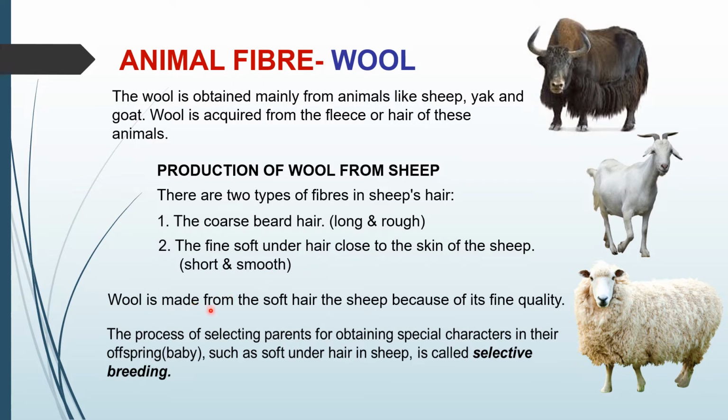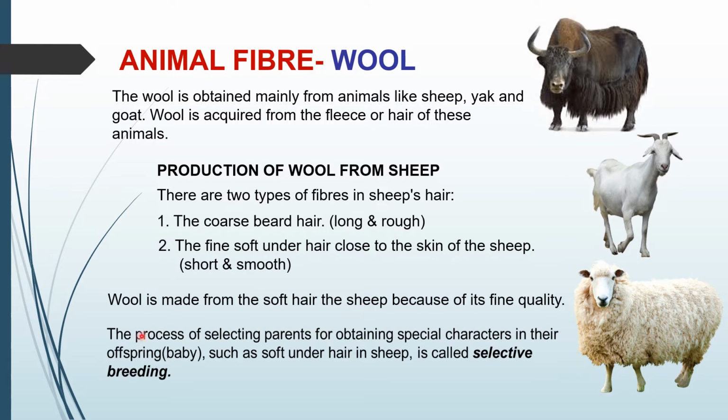Wool is made from the soft hair of the sheep because of its fine quality. So we select the fine soft under hair close to the skin of the sheep, and that wool is of the best quality.